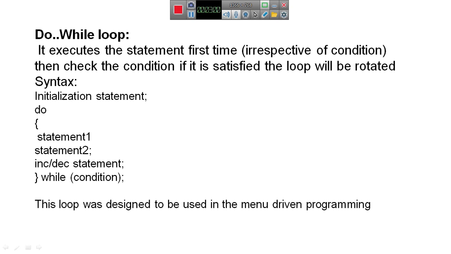This is the continuation of the previous class. And then afterwards the difference between while loop, for loop and do while loop.